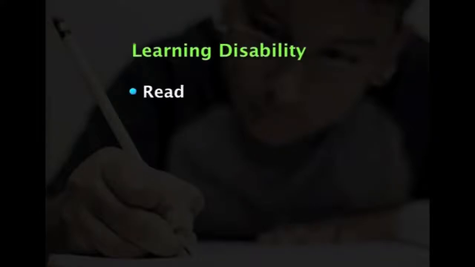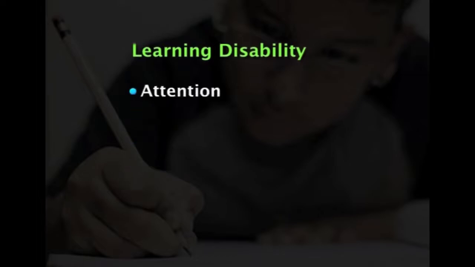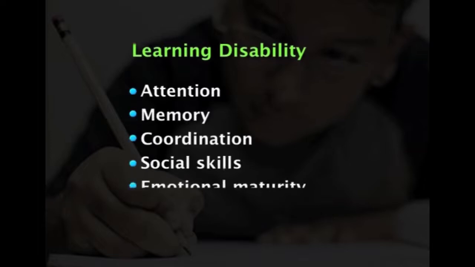Now, we will try to understand what actually learning disability means. Learning disability can affect one's ability to read, write, speak, spell, and also affect a person's attention, memory, coordination, social skills and emotional maturity.